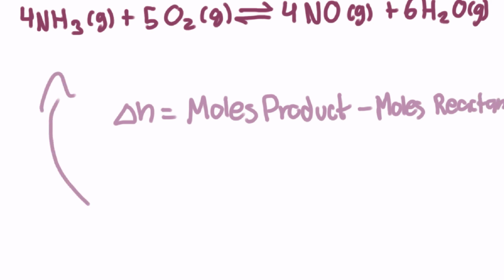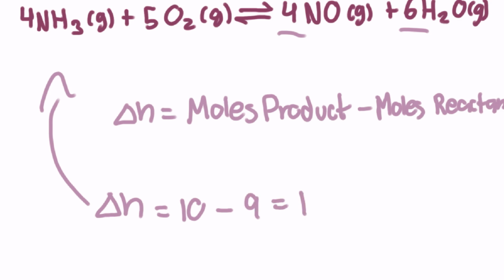So for this equation, our delta N will equal 10 minus 9, so 1. In this case, Kp will not equal Kc because delta N is not 0 and will not cancel R and T. Now this brings me to my next point. The only thing that will affect K is temperature.